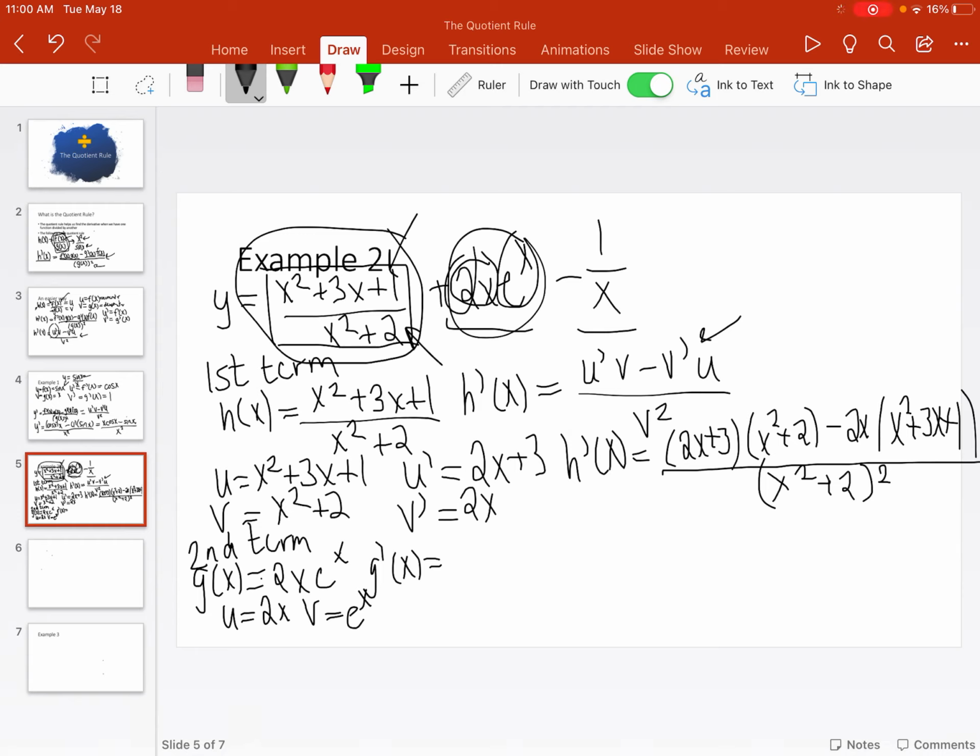Now, I'm going to stop right there for a second. Well, we used u and v when we were finding the derivative in our first term. To make our work more clear and not sloppy, we're going to go back to our parameters and say this is u1, this is v1, and we're going to call these u2 and v2, because we want to use the same parameters, but otherwise we're saying that u is equal to x squared plus 3x plus 1 here, and we're also saying u is equal to 2x.